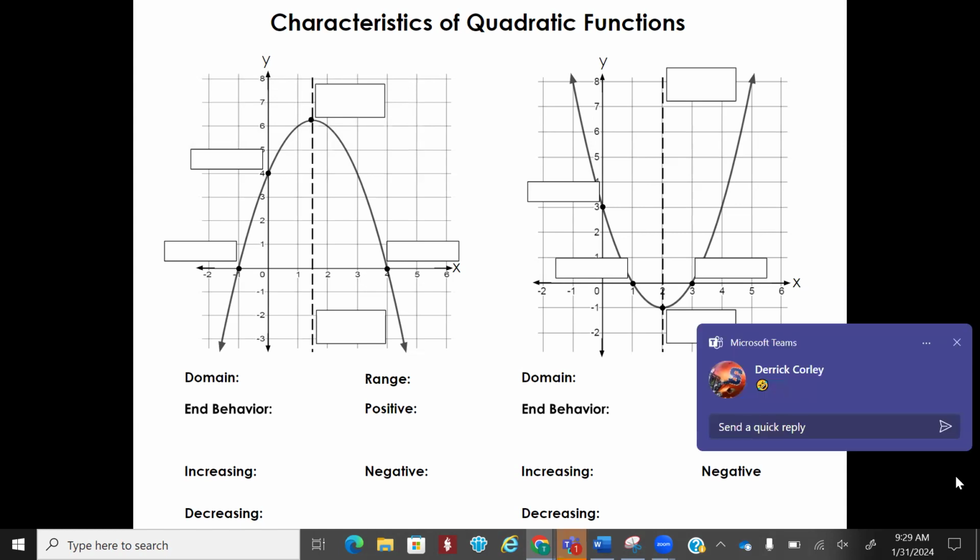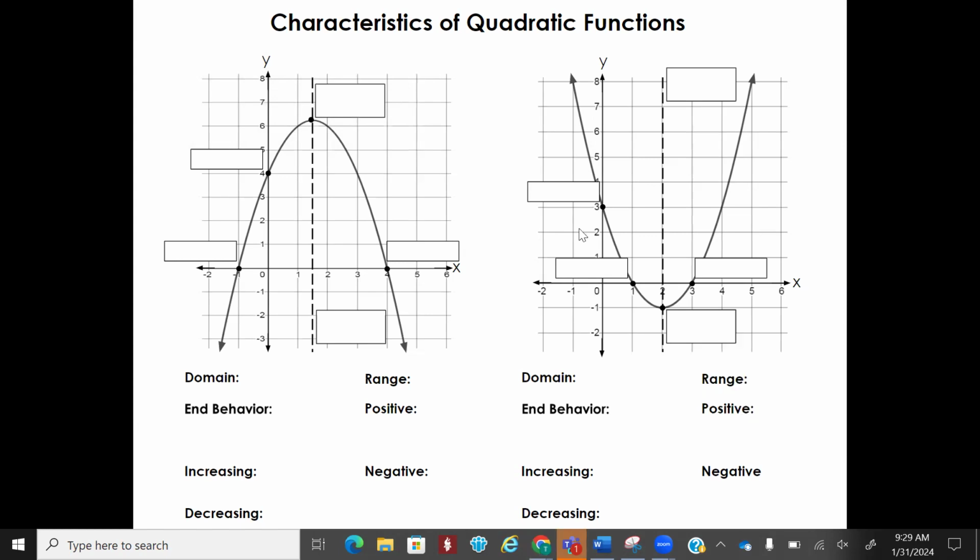Okay, so with that being said, on your paper, you're titling this characteristics of quadratic functions. And we're going to label these pieces really quick. So I'm going to label them in because I know it's a lot of writing.